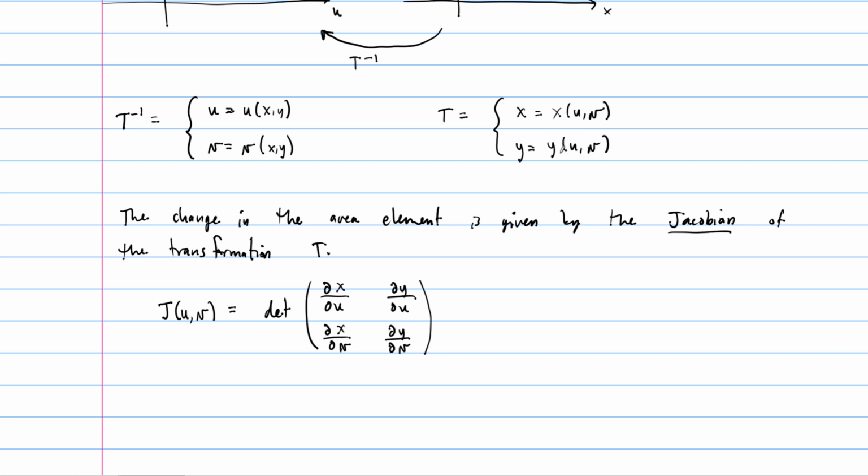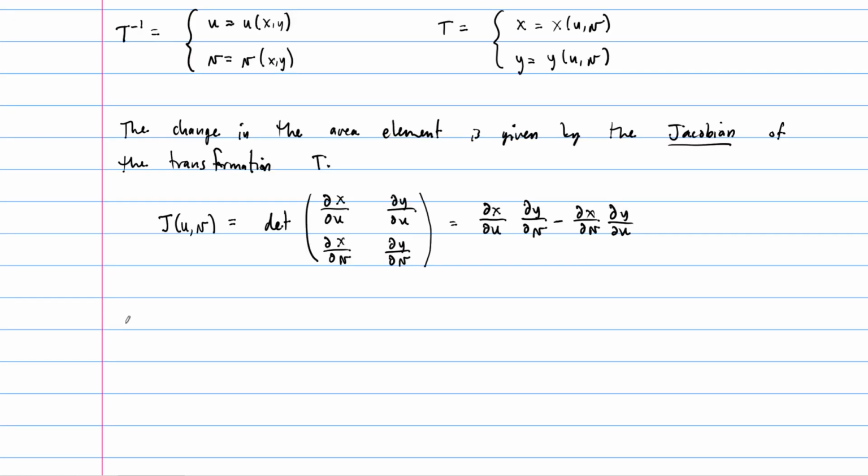The determinant, of course, is like this kind of crisscross product slash difference, right? And so it ends up being the function given by dx by du times dy by dv minus dx by dv times dy by du. Okay? And so this is the Jacobian of our transformation, and what we end up with then is that the area element changes according to this function.